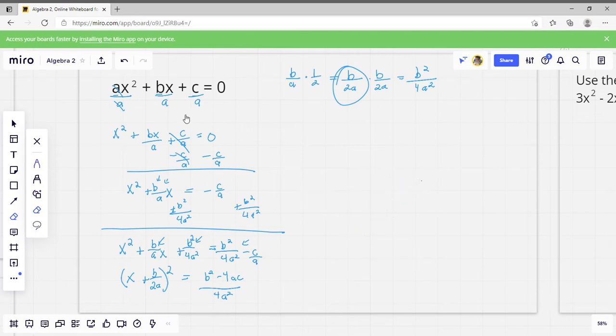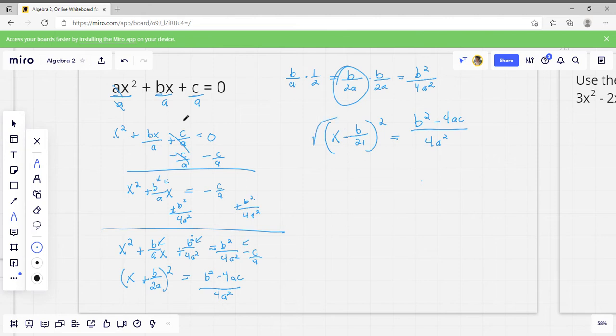Okay, so let me rewrite this up here. So far we've got x plus b over 2a, squared, equals b squared minus 4ac over 4a squared. All right, so then I'm going to take the square root of that.